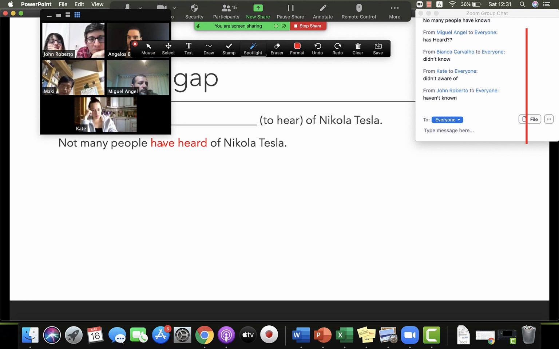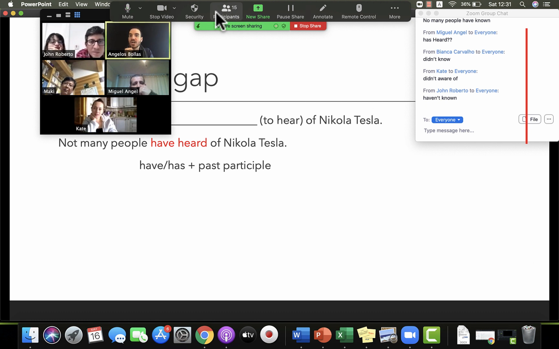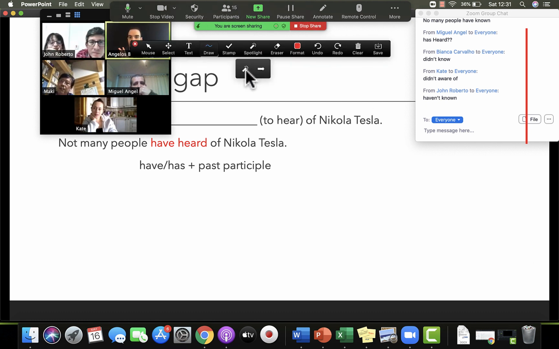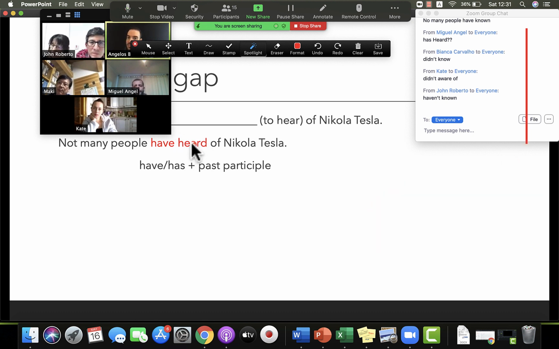Has is for he, she, it, and have is for I, you, we, they. So if I have he, she, or it, I use has. For all the rest, have, and then the past participle. So here, the past participle is heard.